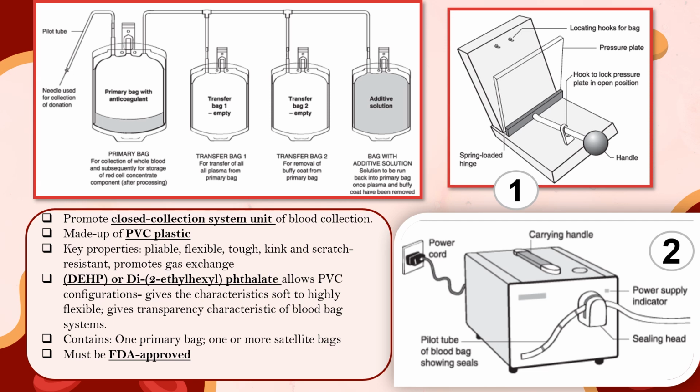So also take a closer look, class, at your pilot tubes on the pilot sealing machine. As you can notice, it is being sealed into segments. Take note, class, it is sealed into segments. Actually, we seal and divide the pilot tube into 13 to 15 segments. And by the way, class, your individual blood bags contain a unique serial number which is also encrypted on the pilot tubes.